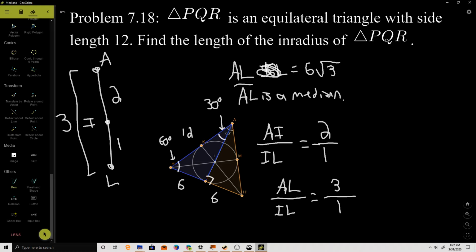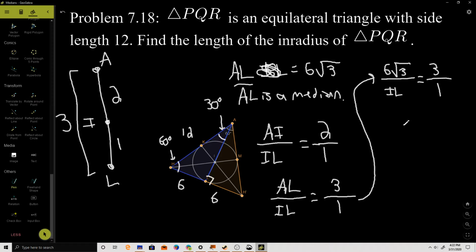Now, we know what AL is, so I can start substituting some stuff in. AL is 6√3, and we have that over IL, and that's equal to 3/1, or just really 3.